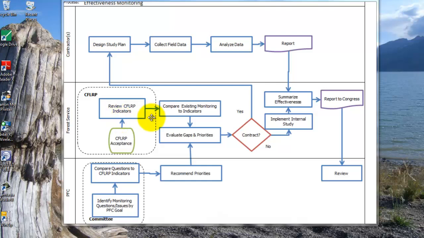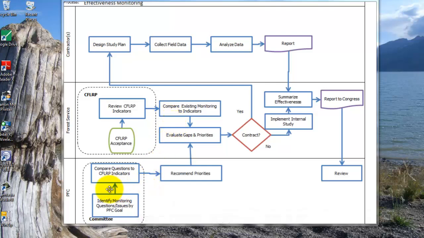So from that point, I'm suggesting that a Forest Service role is to compare the existing monitoring to the indicators. I know that the monitoring committee has asked for a review of existing monitoring, and I'm suggesting that a different way to approach that is for the Forest Service to do their own evaluation and then communicate the results to the monitoring committee. But take a look at these indicators, compare what currently is underway in terms of a monitoring program, and then evaluate gaps.